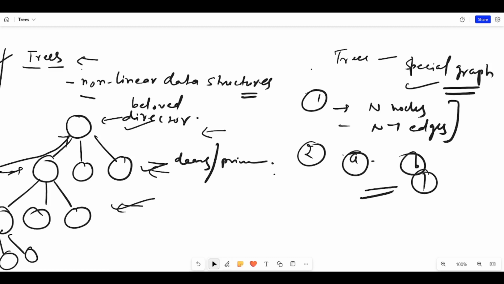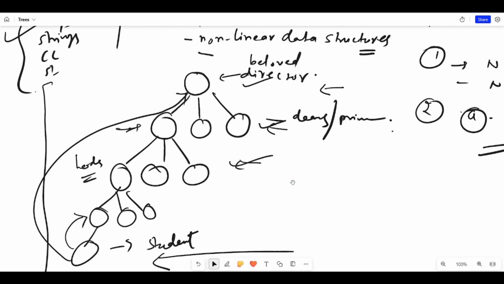Like here in this example, we can see that if it is a tree, then take any two nodes. Take this node, let's say this one and this one. Between these, we have exactly one path, this one here, which goes through the root node. Take these two nodes. We have exactly one path.